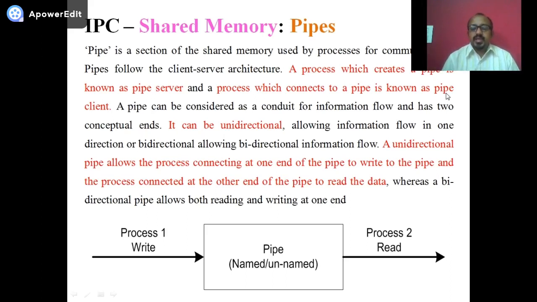It can be unidirectional. A unidirectional pipe allows the process connected at one end of the pipe to write, and the processes connected at the other end of the pipe to read the data.